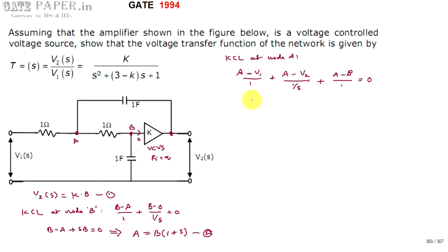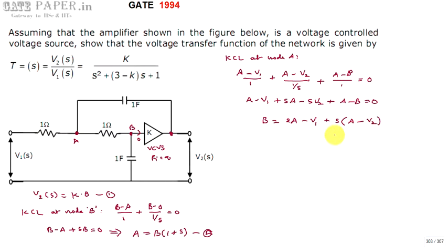So you can write A minus V1 plus SA minus SV2 plus A minus B is equal to 0. From this you can write B is equal to 2A minus V1 plus S times (A minus V2).